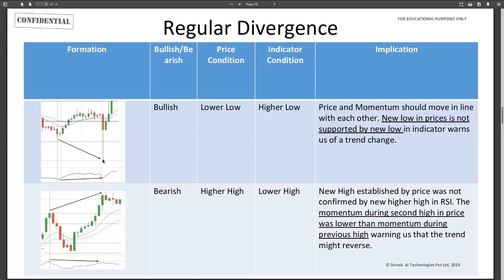The price might have reached a new low, but your indicator is forming a higher low than what it had shown before, indicating that a bounce back or a trend change will come. So after this candle, if you see, there are 3 green candles which have formed. In this case the divergence actually worked out and the price became bullish, even though it was a bearish trend before the divergence had occurred.